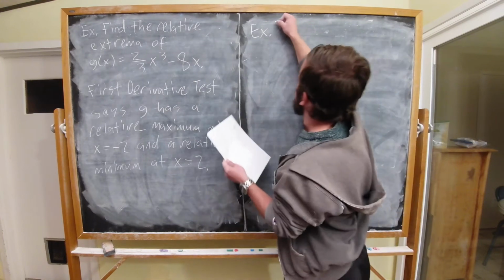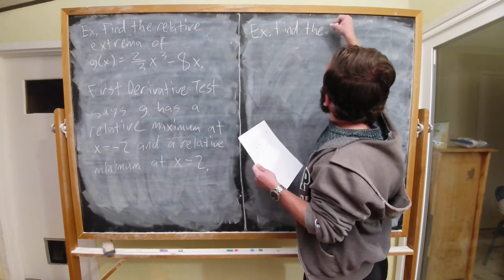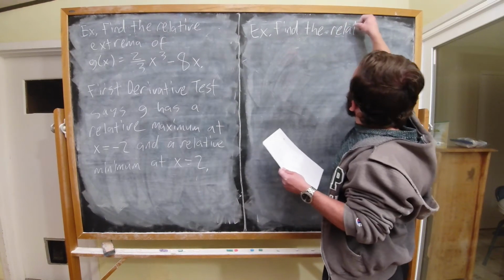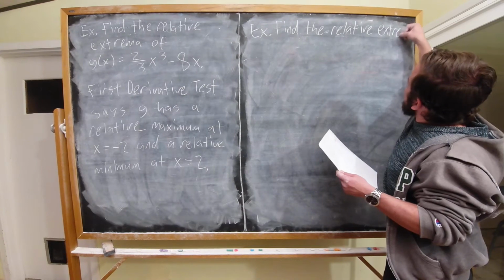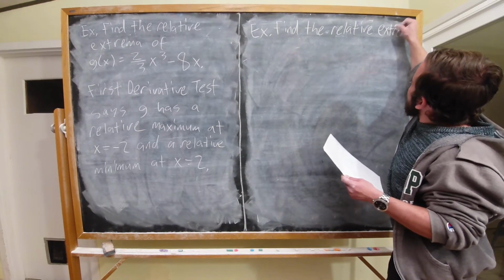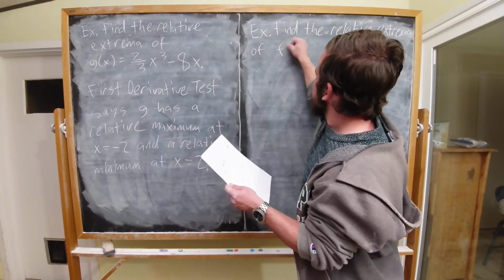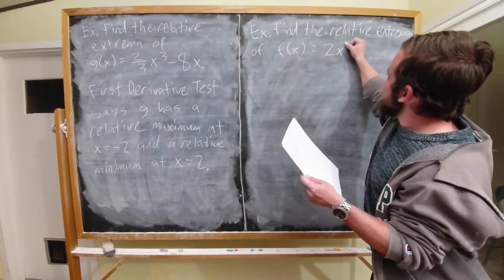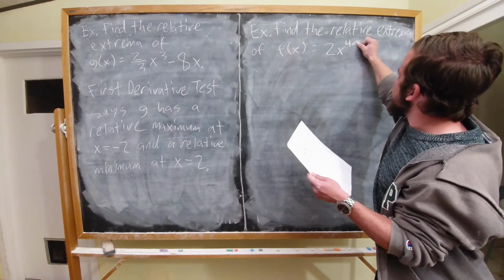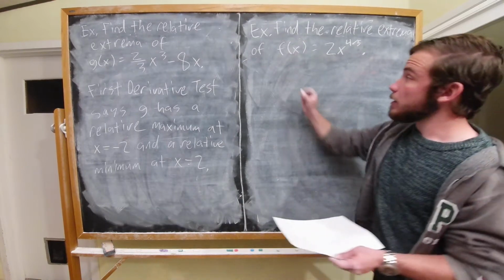Let's find the relative extrema of f of x equal to 2x to the 4/5 power. All right.